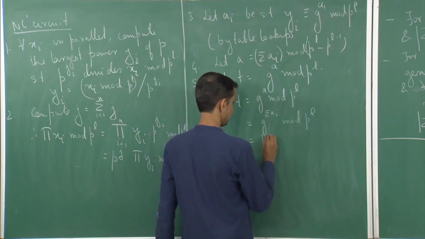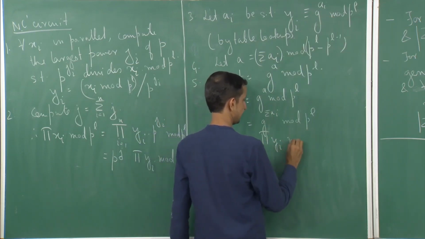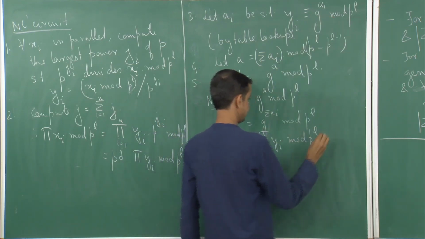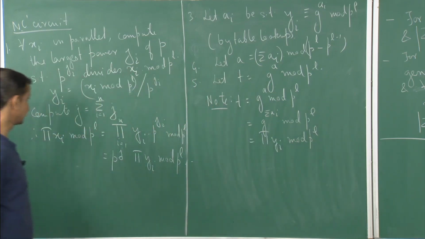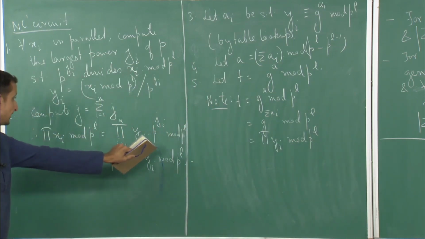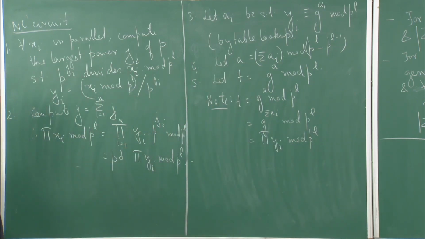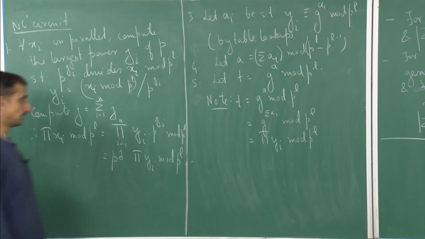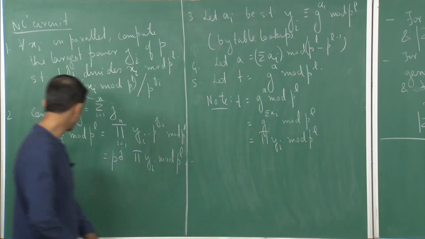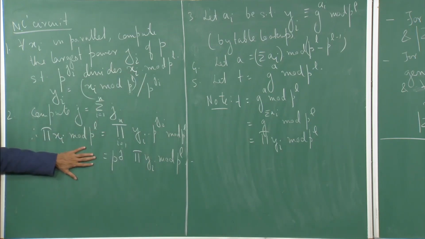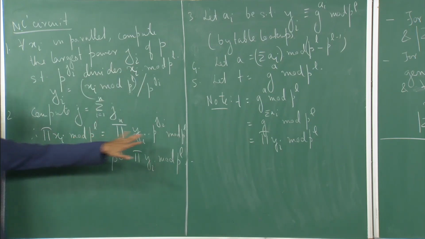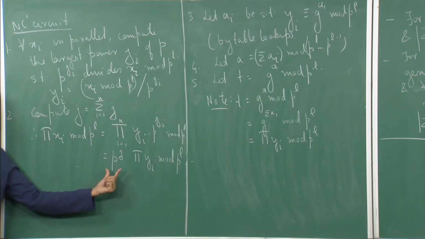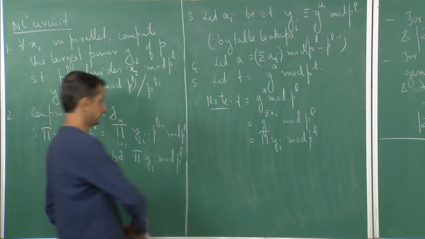So I have the product of all these yi's mod p to the power l, and the product of all the yi's mod p to the power l is nothing but this quantity divided by p to the power j. Okay, so essentially what do I have to output now? If I want to output this, what should I output? Just t times p to the power j, and that's it.